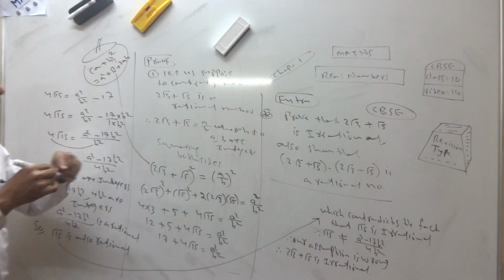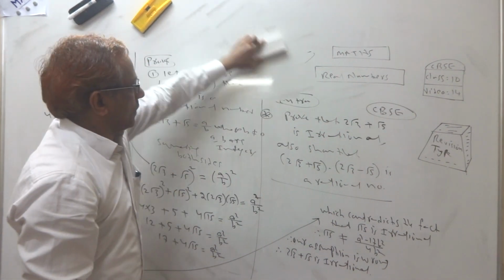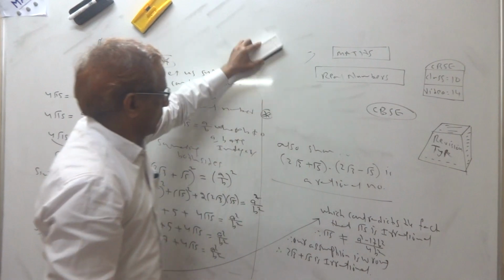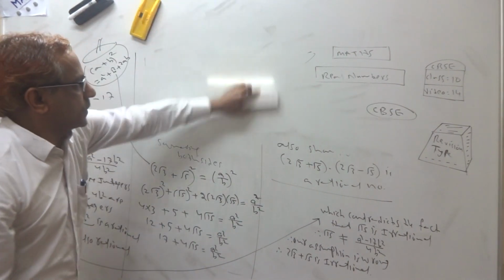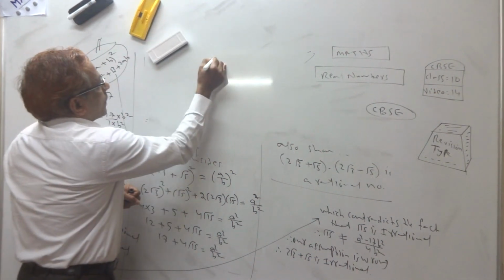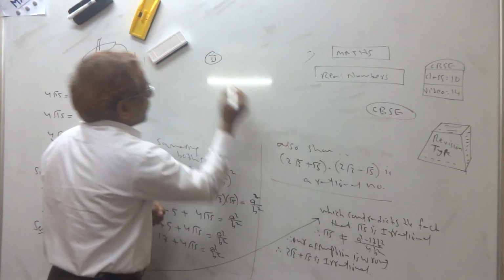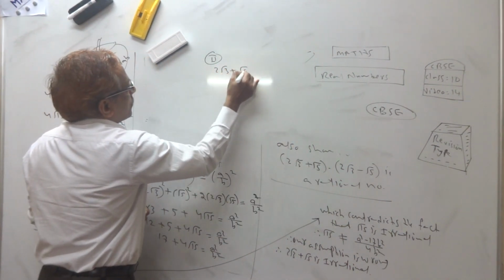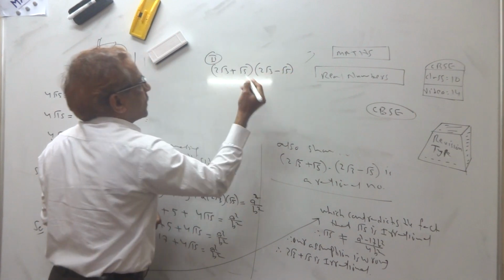Then what is the second bit? Show that (2 root 3 + root 5)(2 root 3 minus root 5) is rational. We have to show that it is rational.